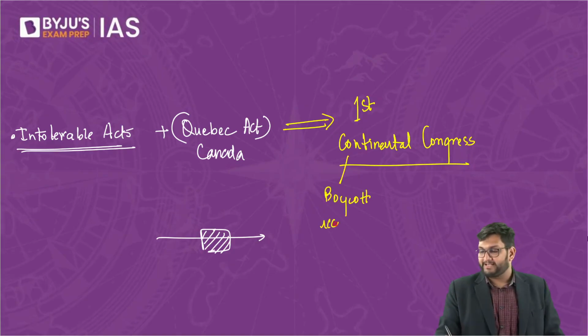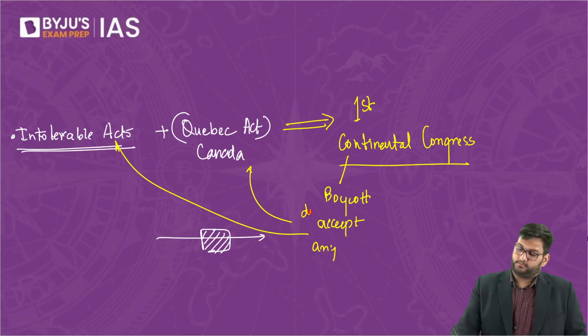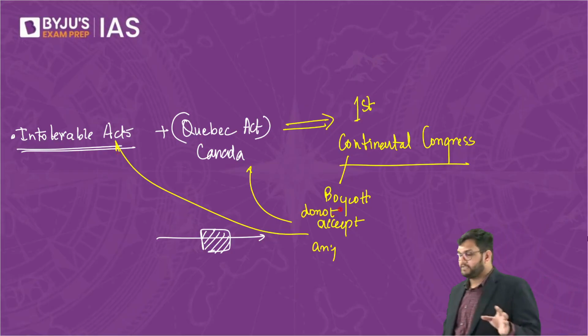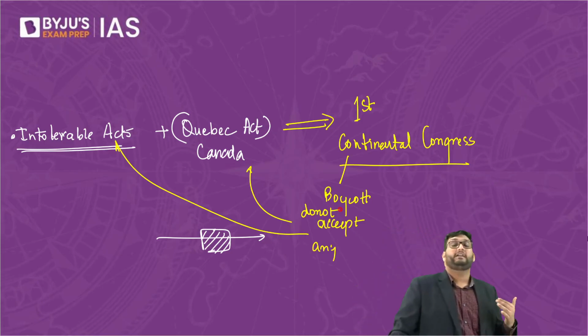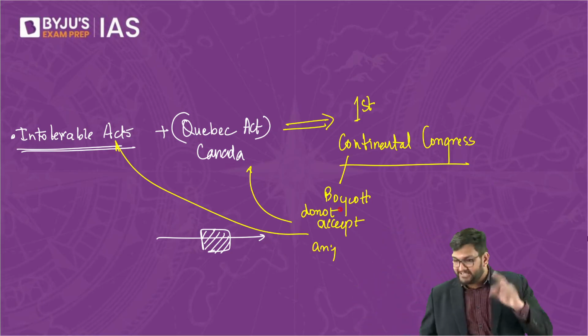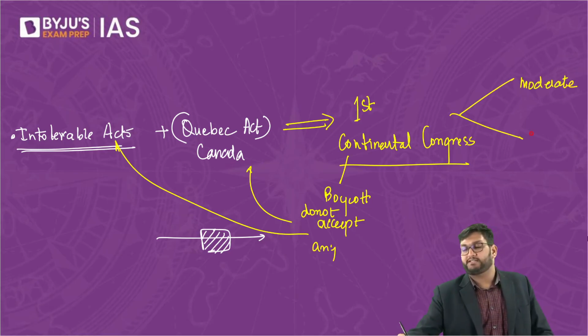we do not accept any of these acts, and now we will struggle for our independence. But at this point of time, there are two factions in the Continental Congress: moderates and radicals.